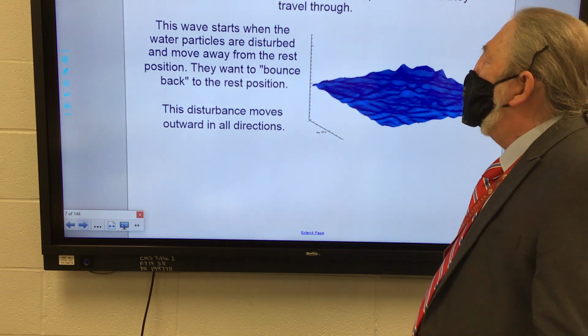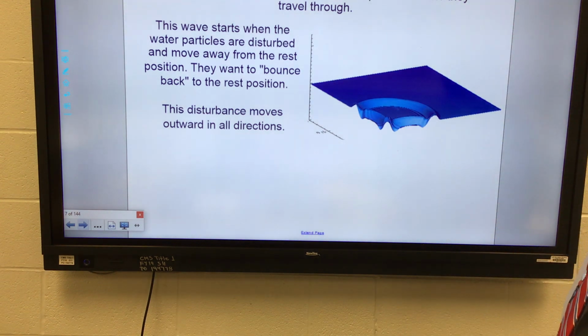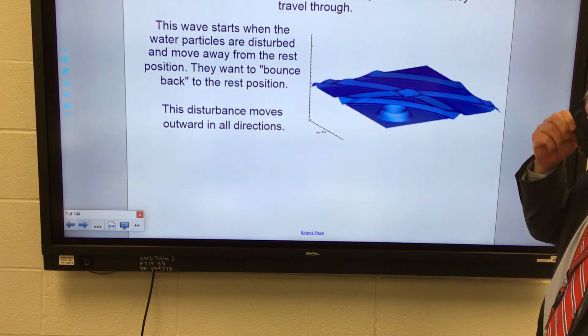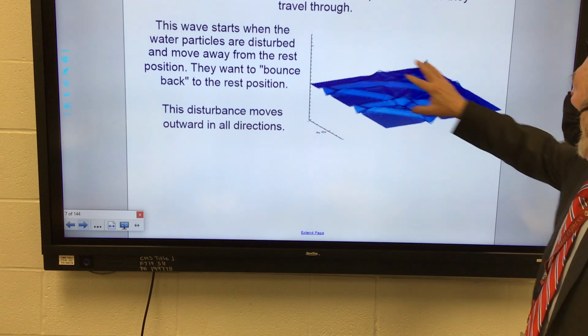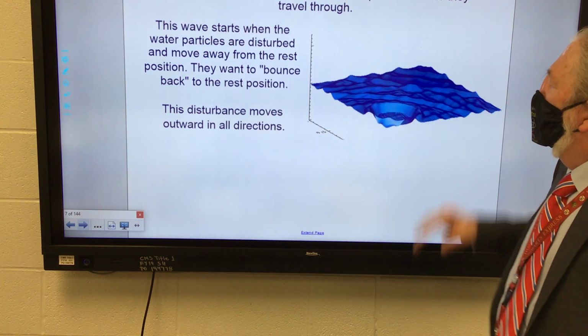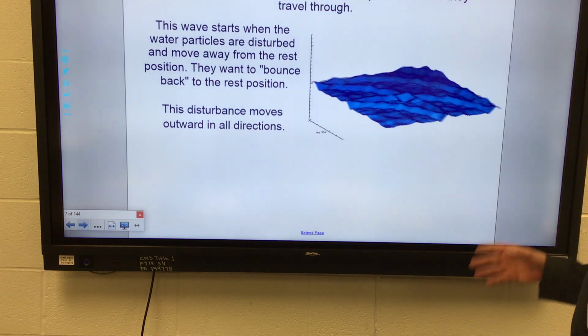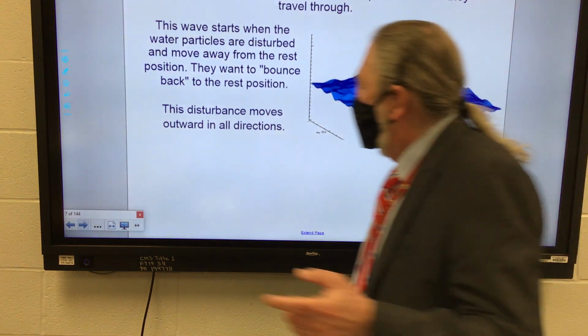Wind sometimes. So the wave starts when the water particles are disturbed and moved away from the rest position, and they want to bounce back. Look here, how they're bouncing back. They go out, then they boom, out, and so on, right? So the disturbance moves outwards in all directions, 360 degrees, right?